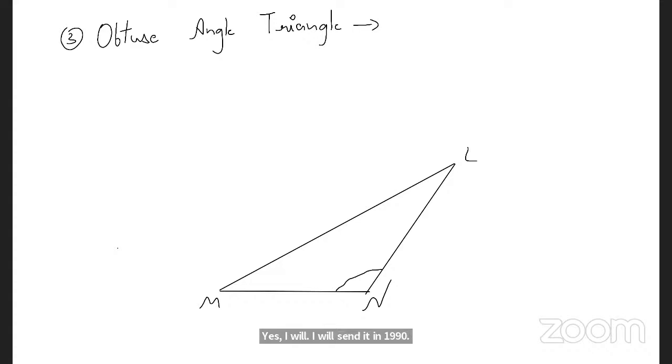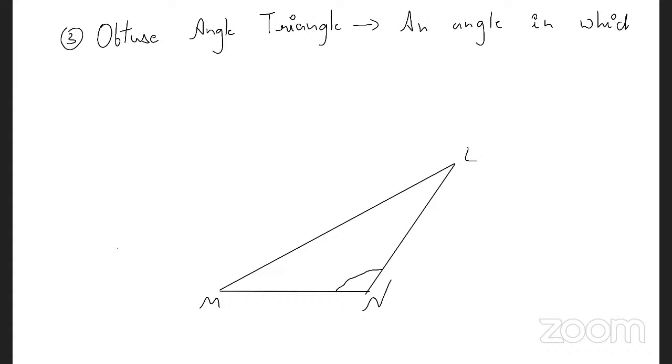Okay, so write it down: a triangle which only needs to have one obtuse angle. Yes, Sunil, only one.